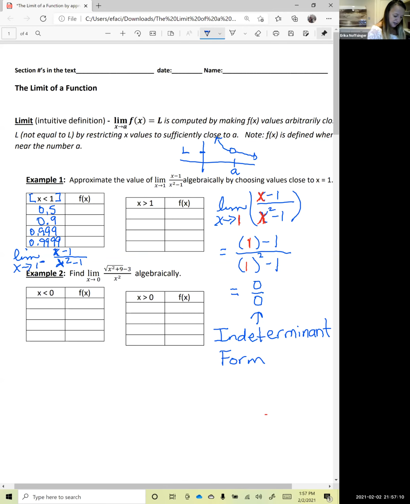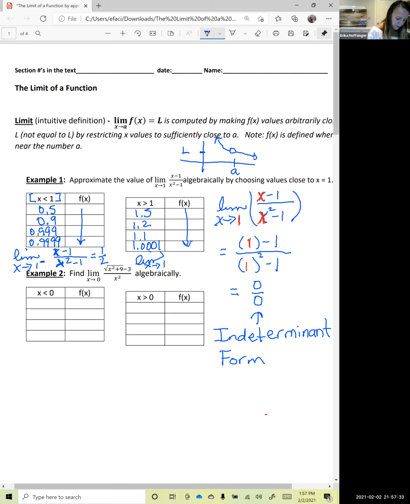Okay, so we saw these values right here, right? We're getting closer and closer on the left to 1/2. We also saw when we plugged in numbers here, so we saw 1.5, 1.2, we saw 1.1, 1.00001. We saw that these also went to 1/2.